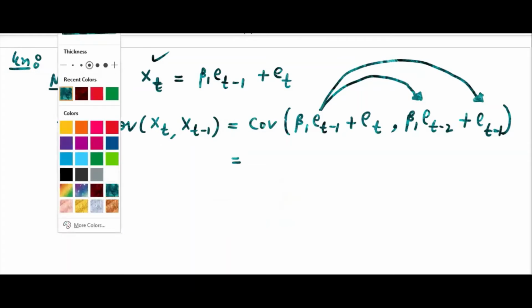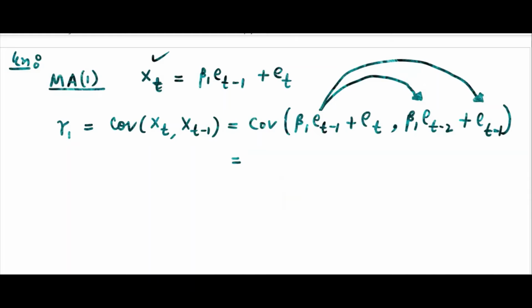That's why we say innovations. So et minus 1 and et minus 2 will have 0 covariance or correlation. For et minus 1 with et minus 1, there will be something, and we'll consider that. et minus 2 with the others will be 0, and et minus 1 also 0. So what remains? Covariance of beta 1 et minus 1 and et minus 1. All others are 0.